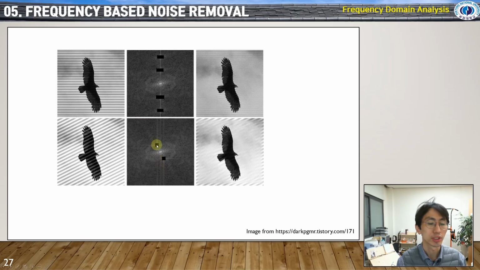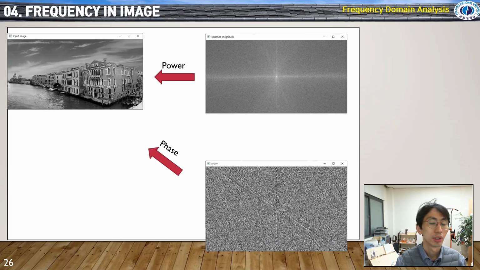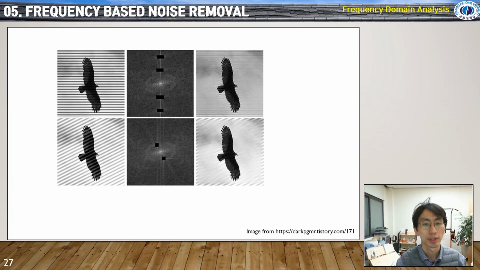We just delete all the information, so we put the value of 0 here. Then when we convert it, we call this the inverse calculation of the Fourier transform. Then you will see almost all the noises are removed. There is some noise left, but it is also difficult to remove all the noise clearly.